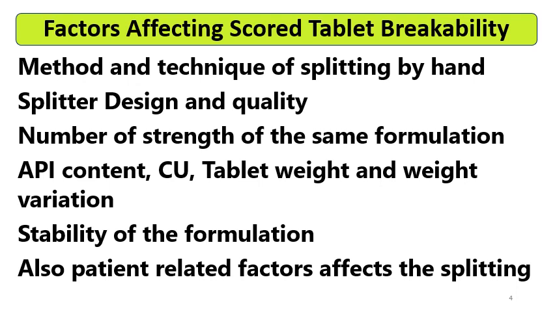Also, patient related factors affect the splitting. See, patient related factors like the age of the patient or the method of tablet splitting used by the patient will also impact tablet performance and breakability, or you may say ease of splitting.